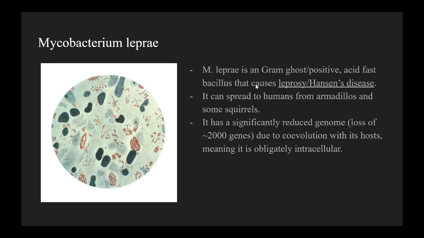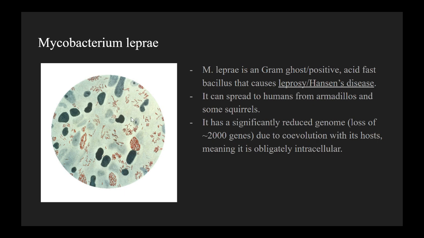It causes leprosy, and the more common name now is Hansen's disease, because leprosy has a negative connotation associated with it. So usually people call it Hansen's disease nowadays. It can spread to humans from other reservoirs, which are armadillos and some species of squirrel as well. I don't know if you guys have heard, but in Oklahoma some people say never touch a dead armadillo. This is why, because armadillos can actually give you leprosy or Hansen's disease.